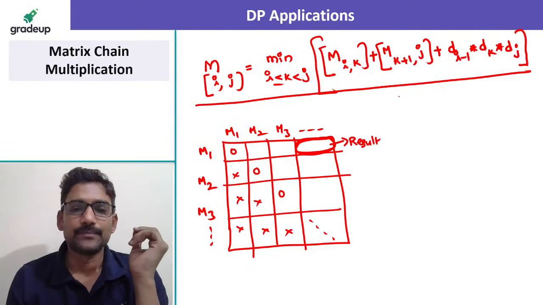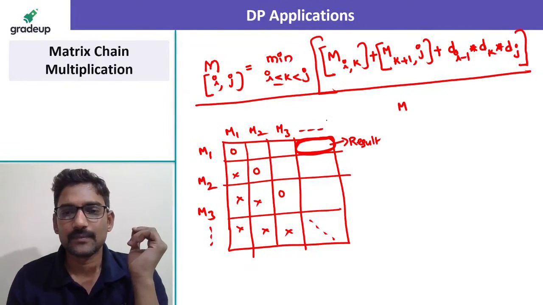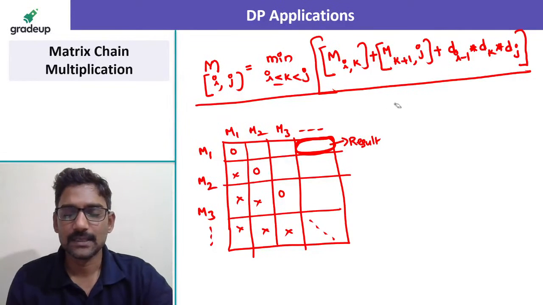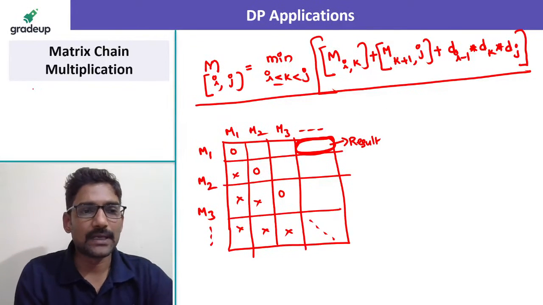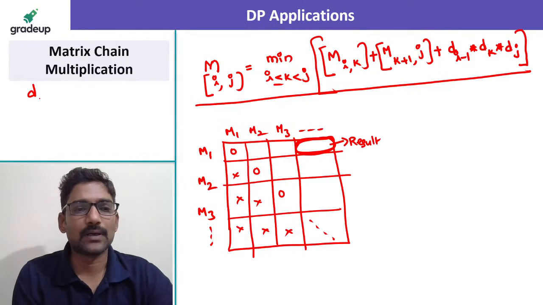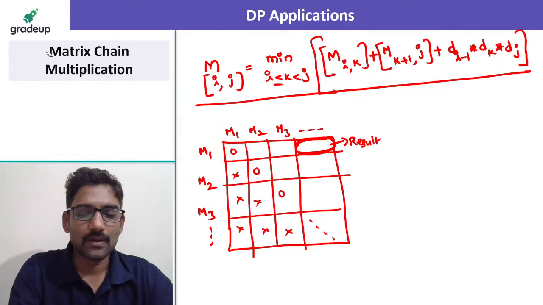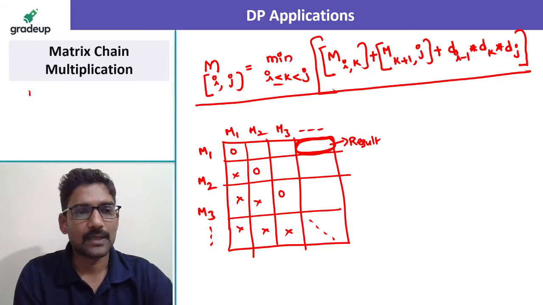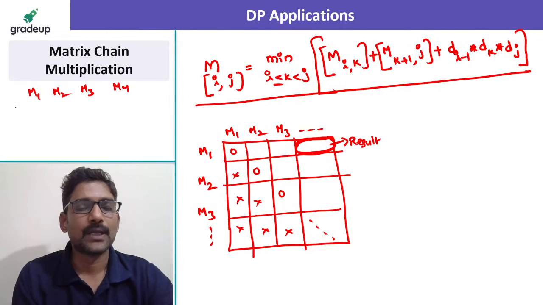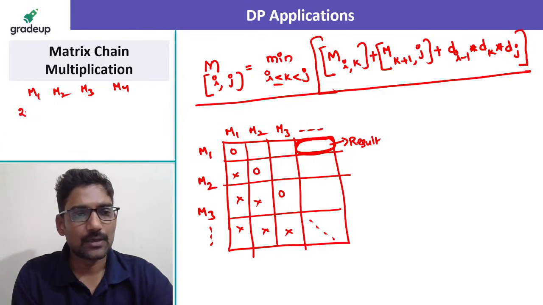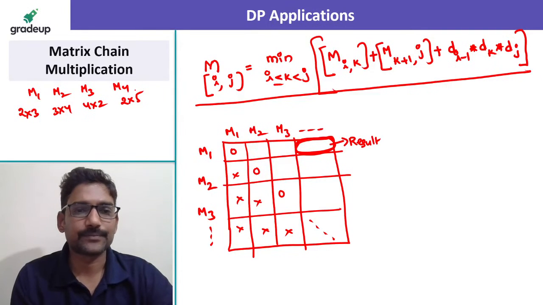I will give one example, guys. I won't take much time. Let us suppose you are given 4 matrices M1, M2, M3, M4, and the orders are 2 by 3, 3 by 4, 4 by 2, 2 by 5.